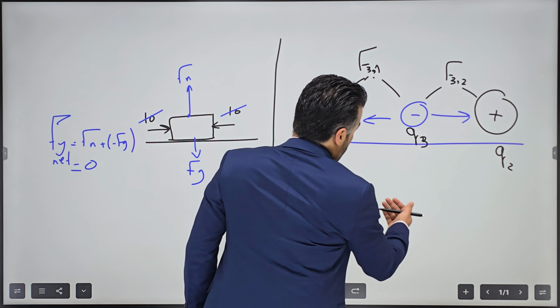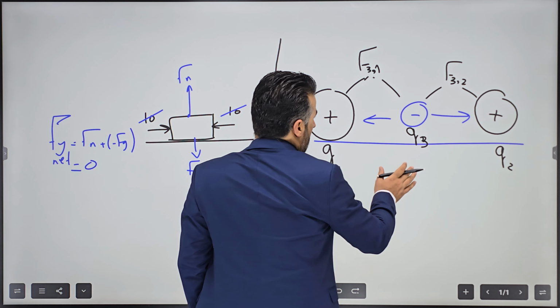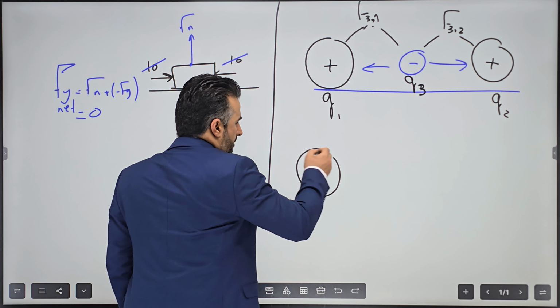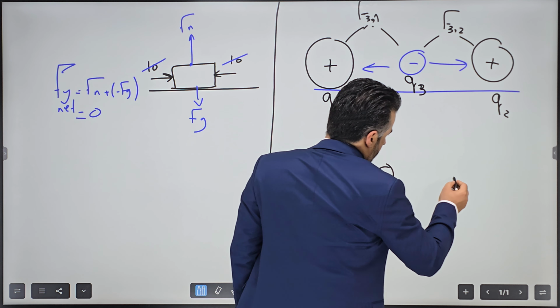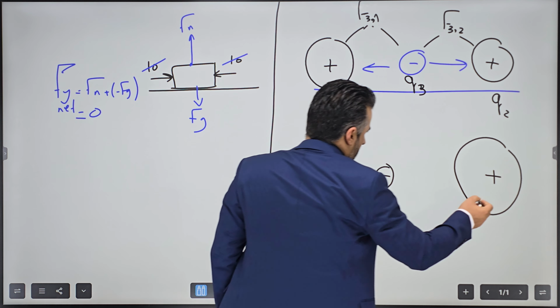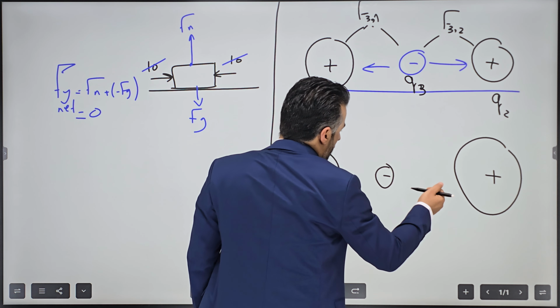Why not? Because most of the time, if one of the charges is larger than the other charge, clearly there is going to be a stronger force between the two. So let's say this is one of the charges that we have. This is the negative charge, and then this is the other charge in here. Clearly, there is a bigger charge in here. That means it's going to be a bigger attraction force.